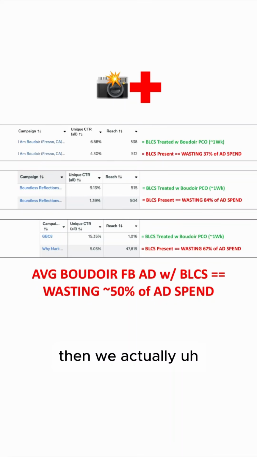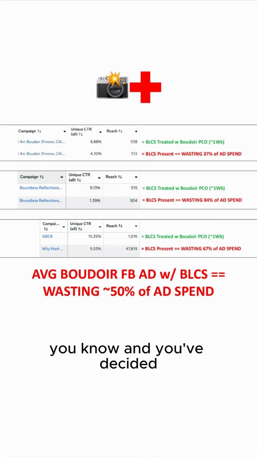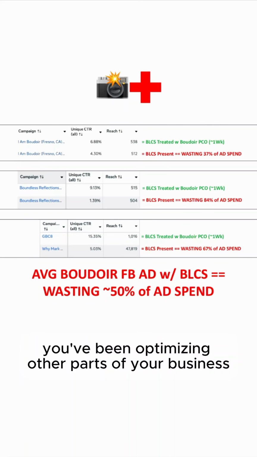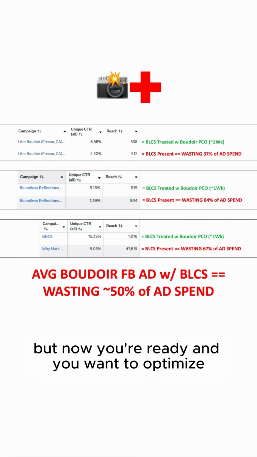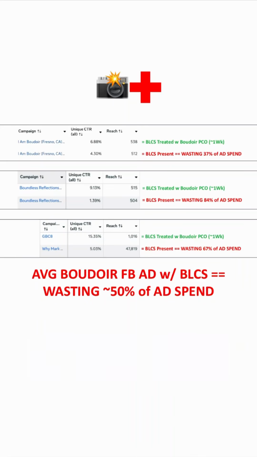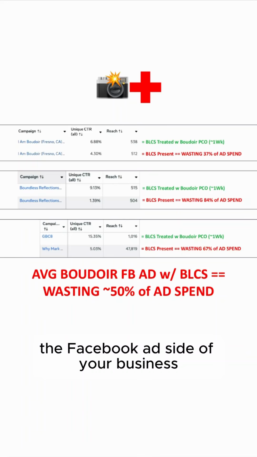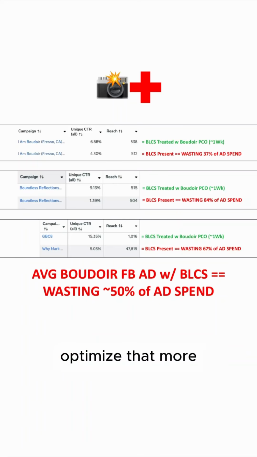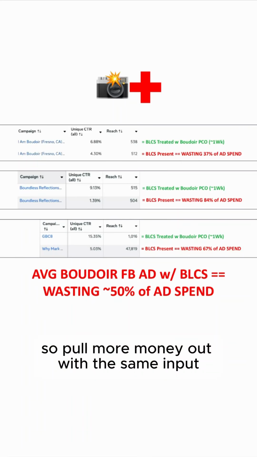And you've decided that you've been optimizing other parts of your business, but now you're ready and you want to optimize and pull money out of the Facebook ad side of your business. So pull more money out with the same input.